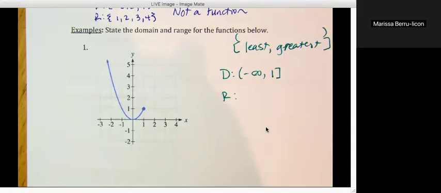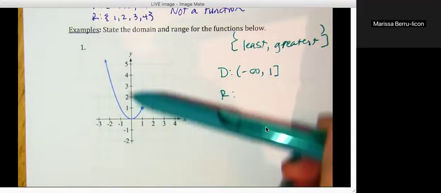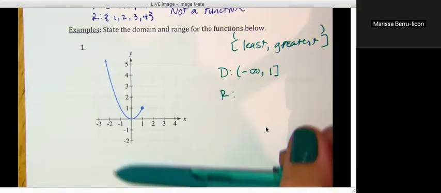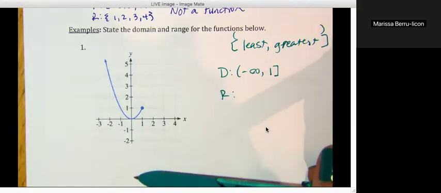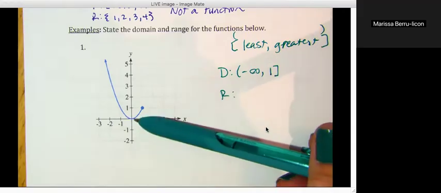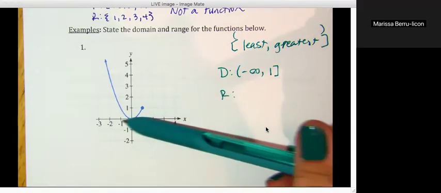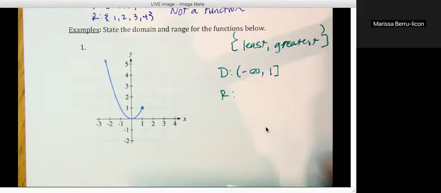Range is going to be looked at in the same way, but we're looking at the y-axis now. So thinking least to greatest, starting down here, I have no y values at all, none, none, none, until I get here to y equals 0. At y equals 0, my function actually touches the origin there, so it is including y equals 0.